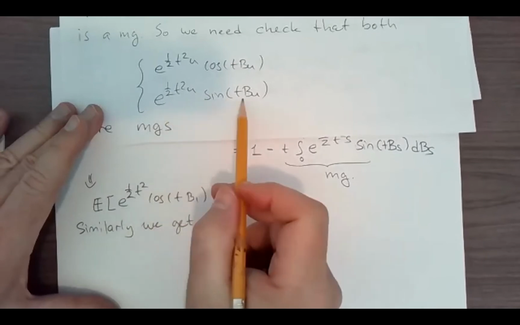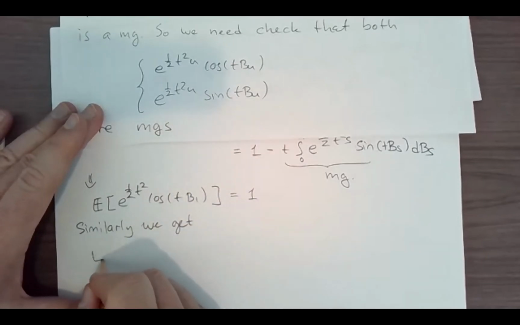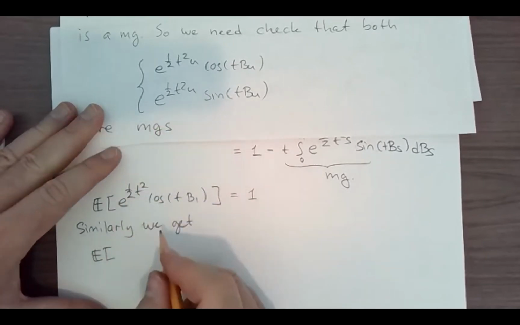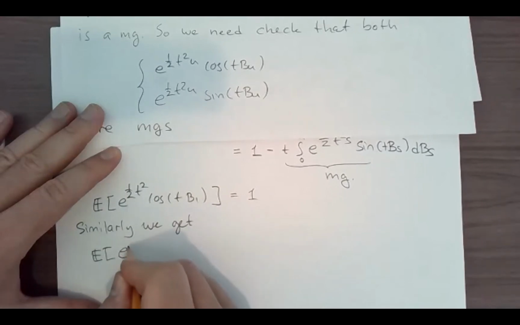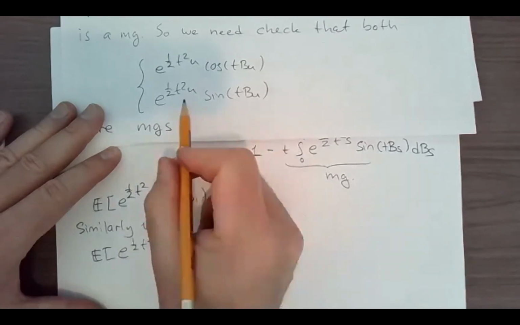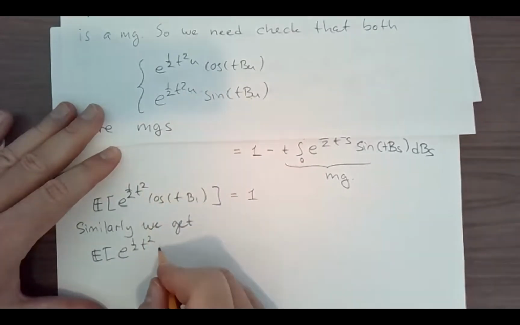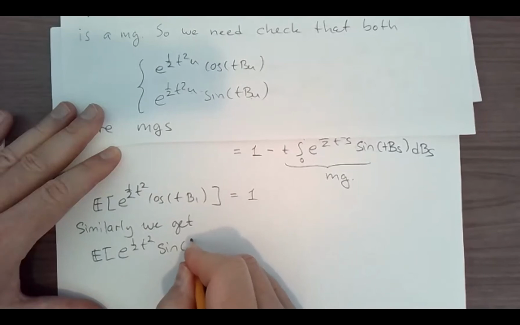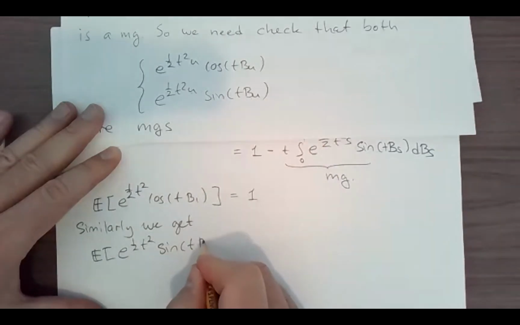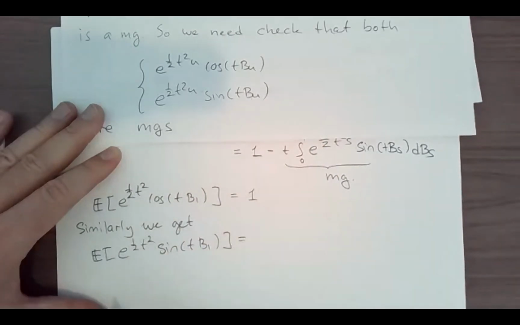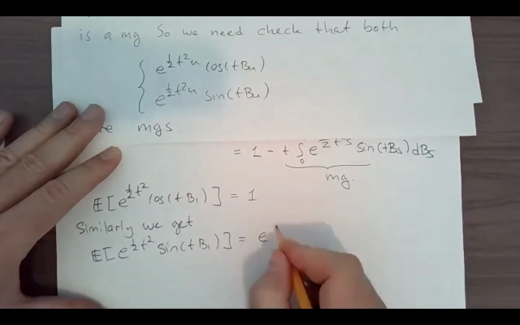We're going to get this as a martingale, and that will give us that the expectation is, so that I take u to be 1, sine t, B1. That's going to be the initial value. This is e to the 1/2.